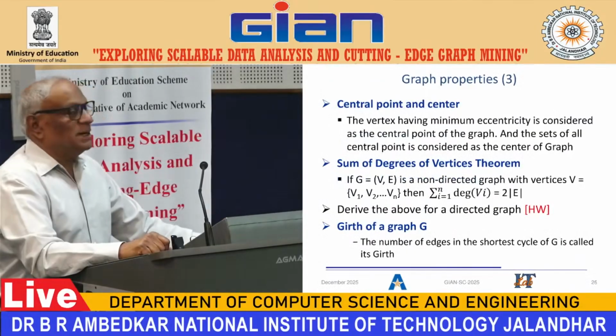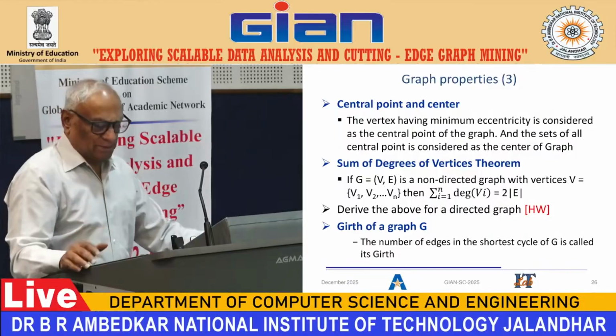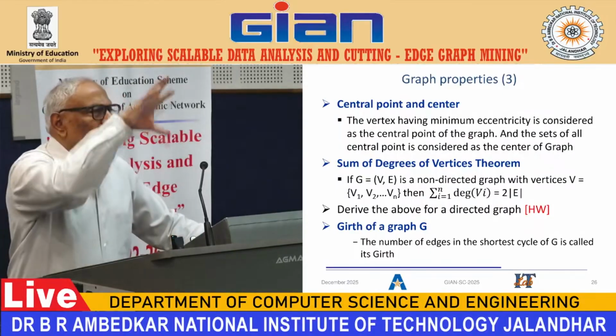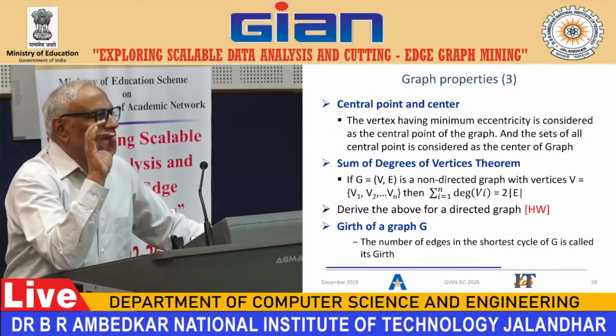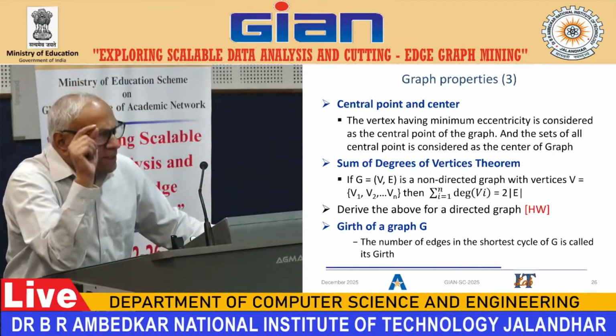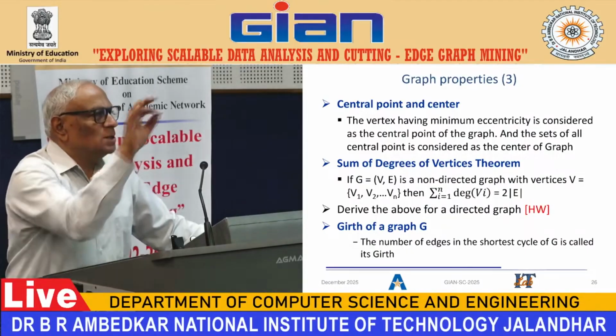Central point and center. Again, you can visualize these things. What do you think is the central point? A point in a graph which is more or less located at the center, right? It means its distance to all the nodes is less.